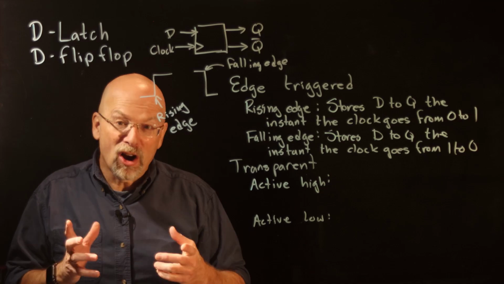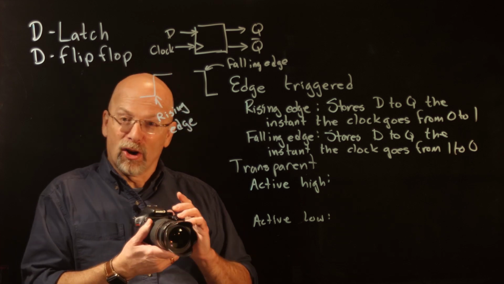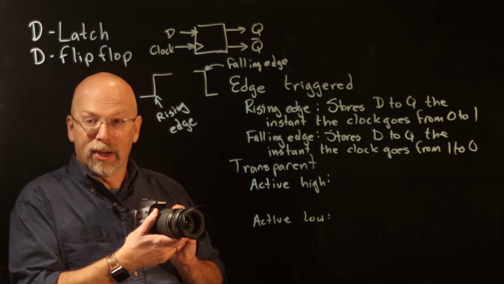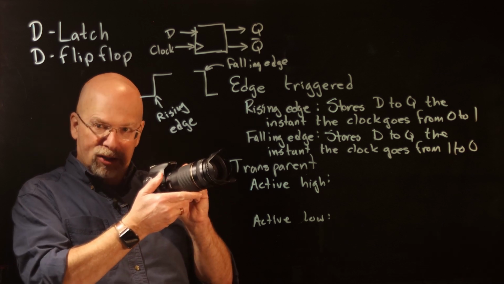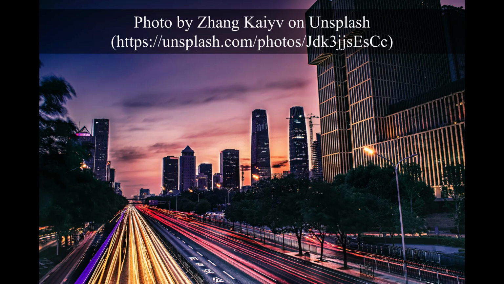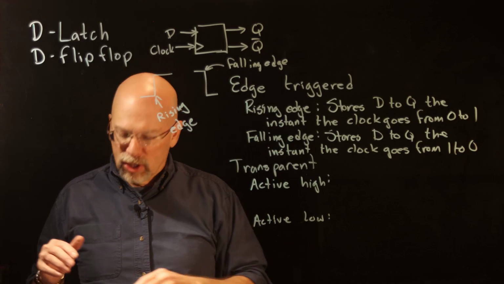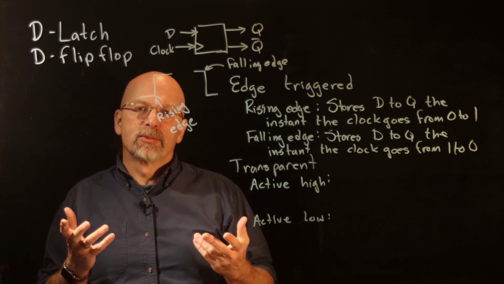So, there are conditions where you do want to have the lens open, the shutter open on this camera for a long period of time. In other words, you want to keep the shutter open as long as your finger is on the button. You've probably seen those images, a nighttime image of a city where the taillights of the cars are a long streak and the headlights of the cars are a long streak. Those have long periods of time that the shutter has been open.